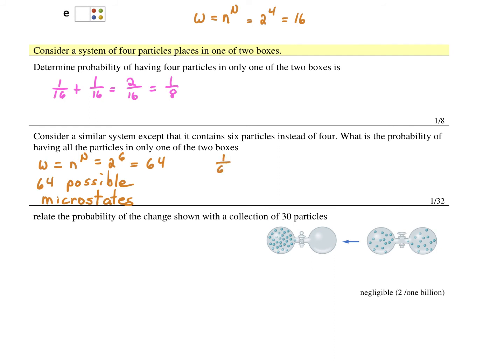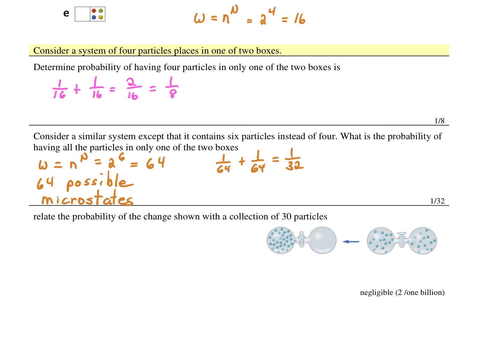So we have a 1 over 64 plus a 1 over 64 to correspond to a 1/32nd probability of all of the particles being in one box. So we see we've gone to a much lower probability of all particles being in one box by only adding 2 additional particles. Let's look at 30 particles.